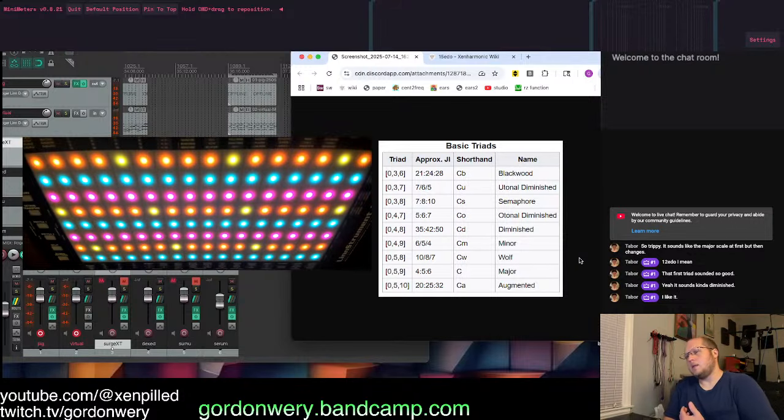Because basically, you could name the chords according to the size of the third. So you could just say minor major makes minor, major minor makes major, blah blah blah. Sub minor makes subdiminished.